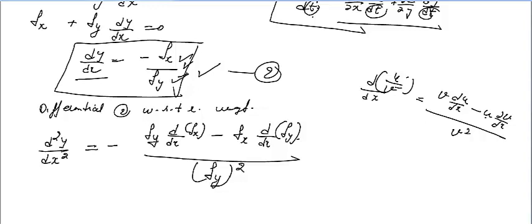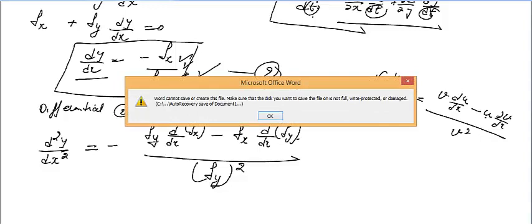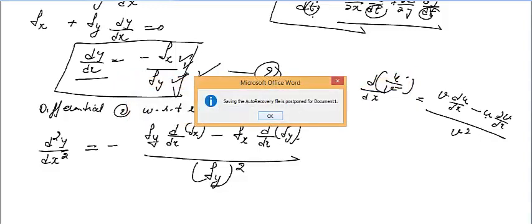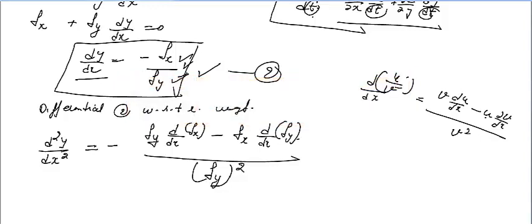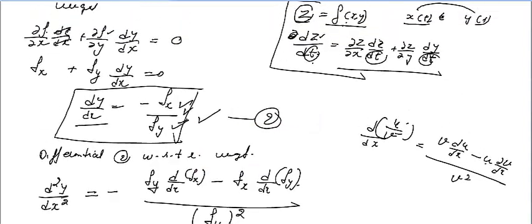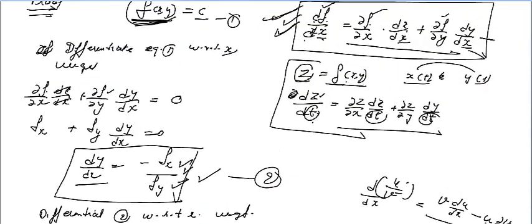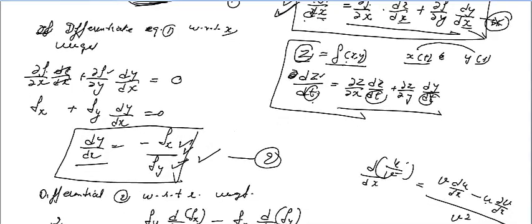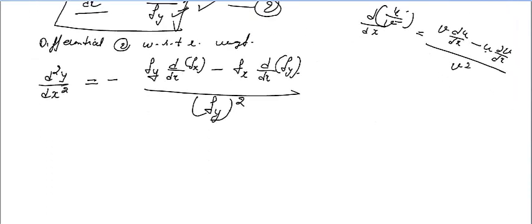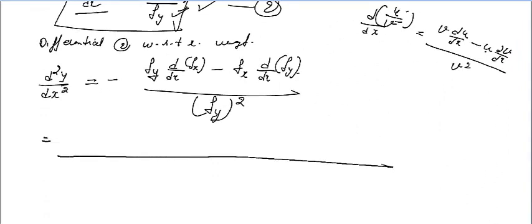Now what I am going to do, see it. You can take this as equation number star. This is the equation star that I have written here. So I will utilize it here also, correct? Now see fy whole square. Now fy is outside, negative is outside here.